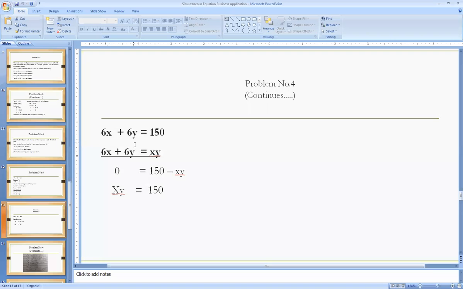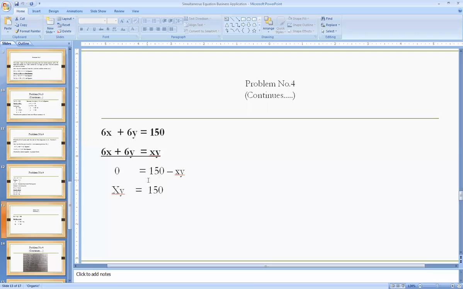Here both x values as well as y values are getting eliminated after changing the signs for the third equation. That is plus 6x becomes minus 6x, plus 6y becomes minus 6y, and xy also becomes a minus value. So the entire x and y values are eliminated completely.